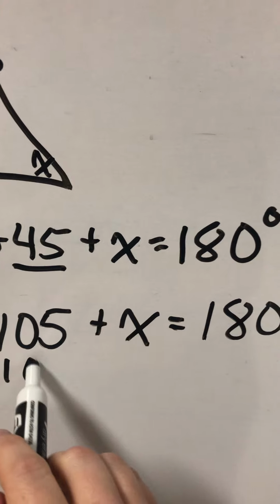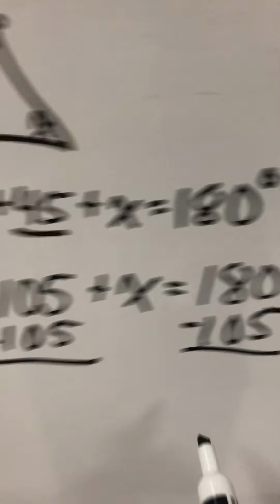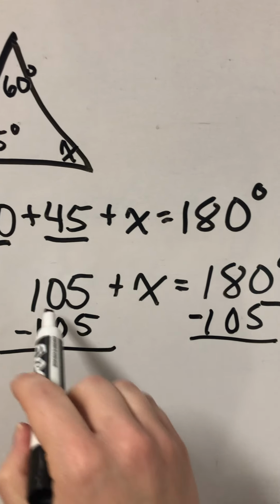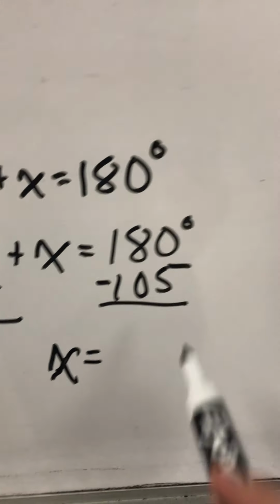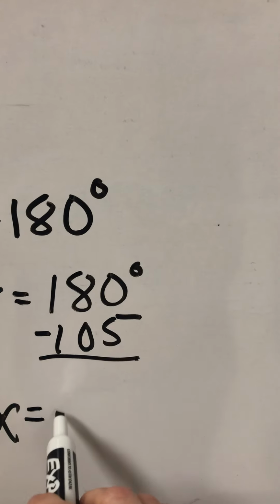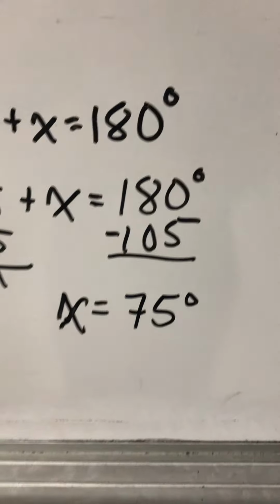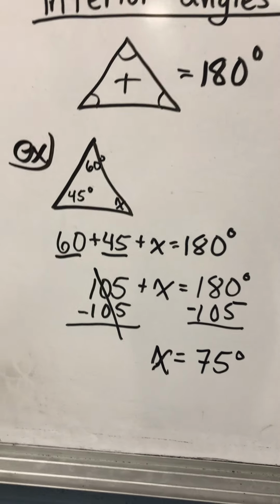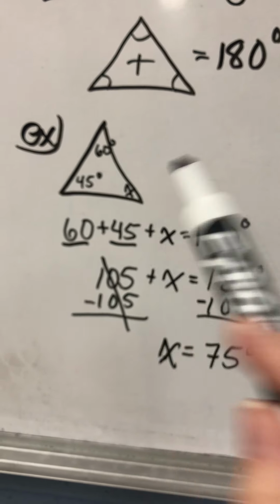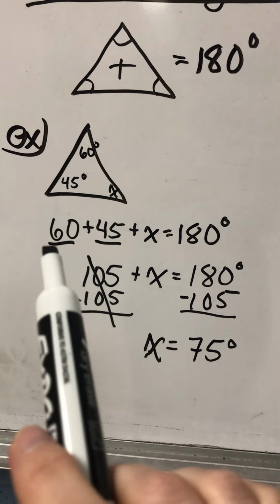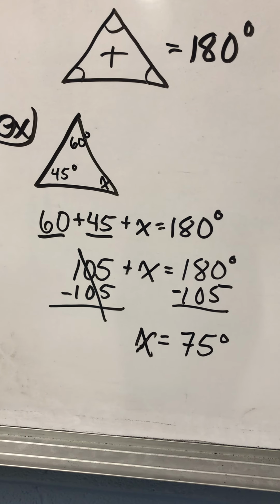If we subtract it from both sides, this would cancel out. We would be left with X. And if we do the math over here, we're going to get 75 degrees. X equals 75 degrees. So if they give you a problem like this, where you have your triangle and they leave you with an angle that's unknown, that's what you would do. You would just add them up and set it equal to 180.